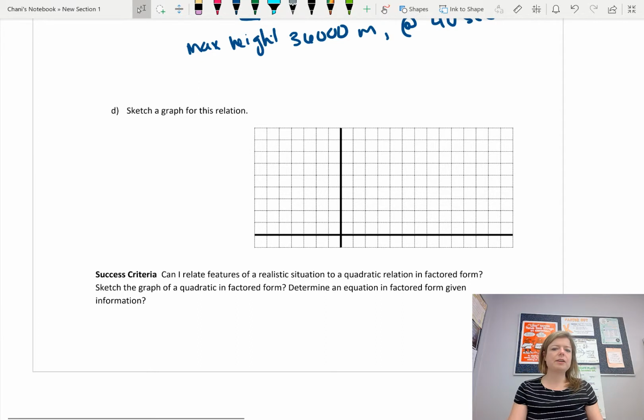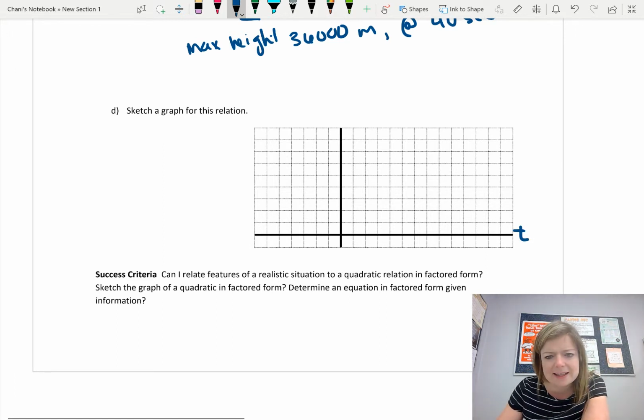Okay, so now you can sketch a graph. So we know that we finish at 100 seconds. So I know I need to get all the way up to 100 seconds. So I'm going to go up by tens, 10, 20, 40, 60, 80, 100. So I know that that's when they land. And then I can put our minus 20 over there, even though it's not useful.